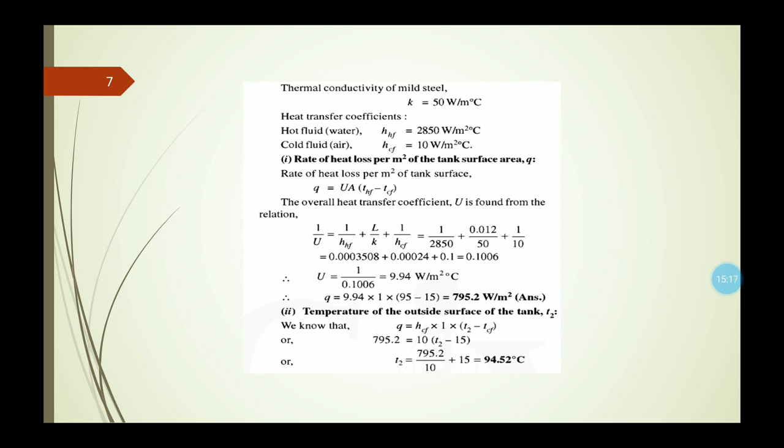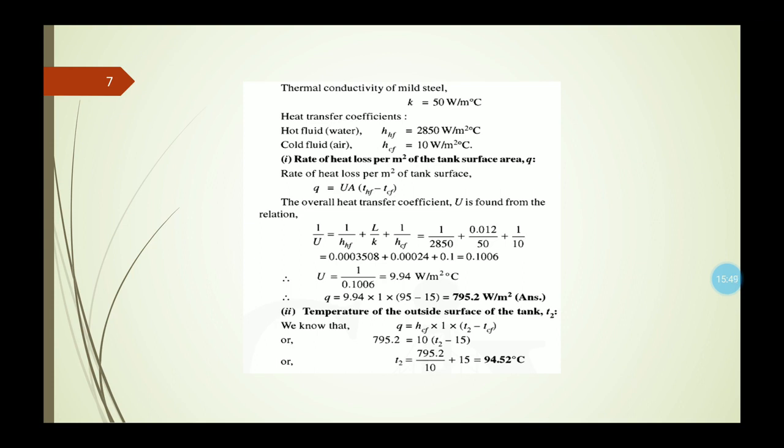From the derivation, we have seen that the heat transfer Q equals U multiplied by A multiplied by the temperature difference of the hot fluid and cold fluid respectively. And the formula for U is 1 by U equals 1 by hHF plus L by K plus 1 by hCF.